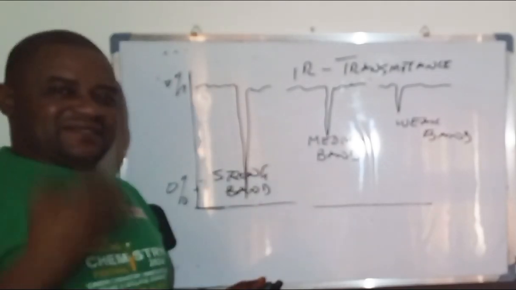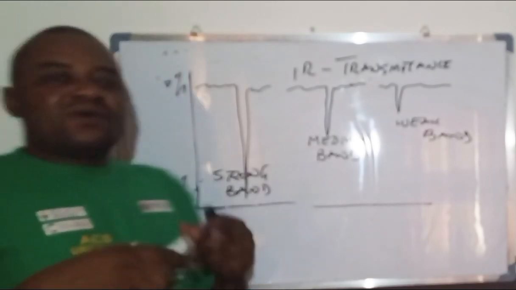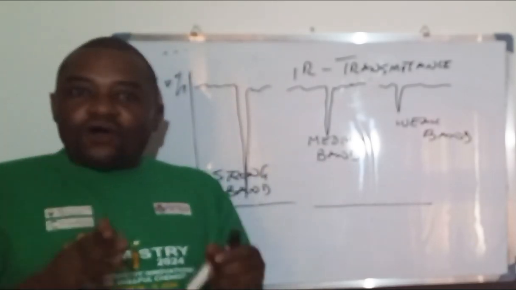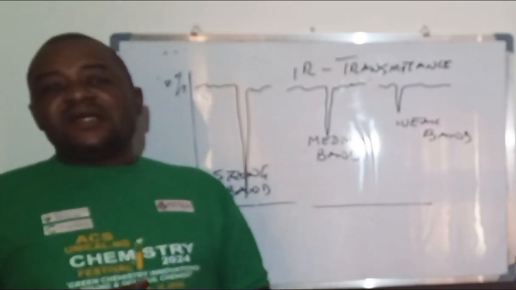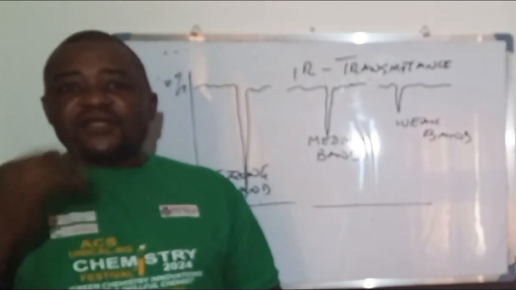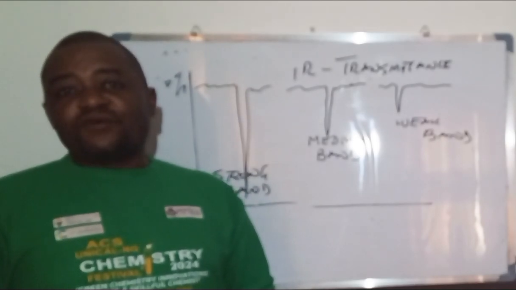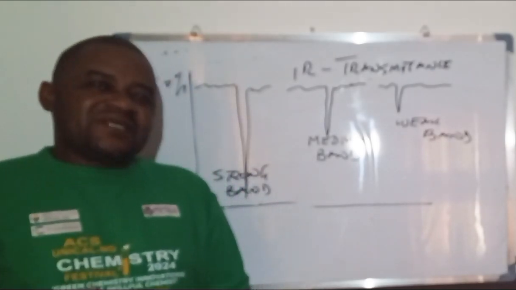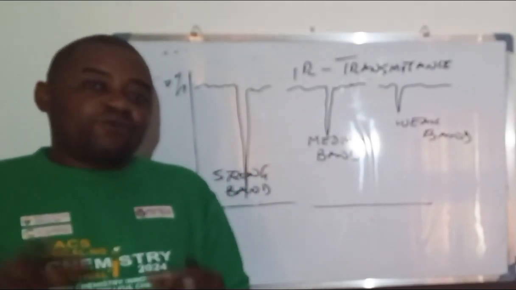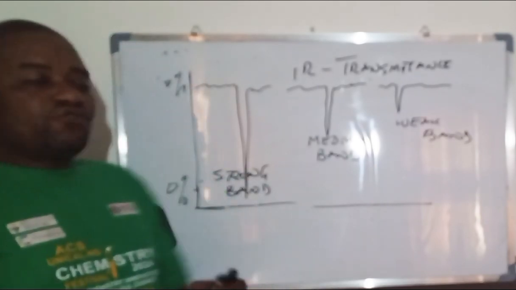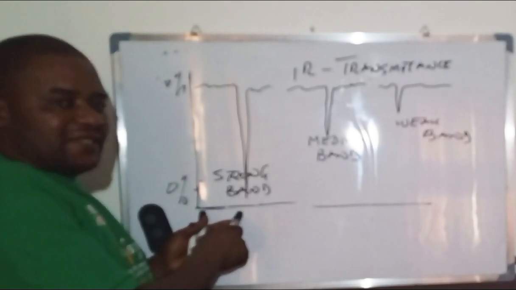Then in that case, it means that all strong polar bonds, for example, a molecule that has a carbonyl functional group, those kind of molecules have strong polar bonds, and they will always generate what? Strong bands or peaks.